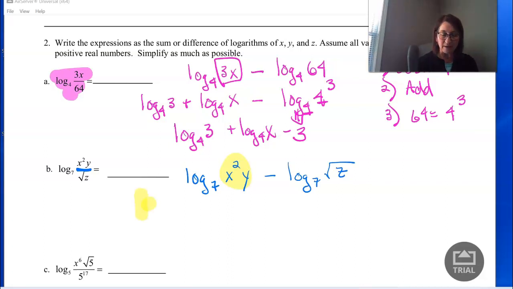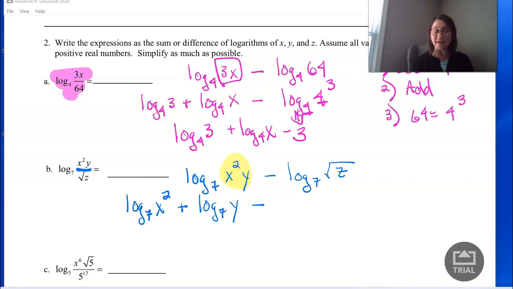So that's going to be log base 7 of x squared plus log base 7 of y minus, while I'm at it, I'm going to convert that square root, that radical, to a fractional exponent: log base 7 of z to the 1/2.